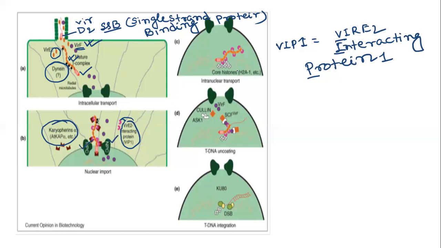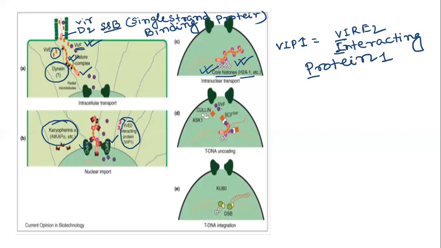And now there is also an interaction with host cellular machinery, because after Agrobacterium enters the plant nucleus, it must interact with the plant genome. There are core histones, and H2A1 also interacts.